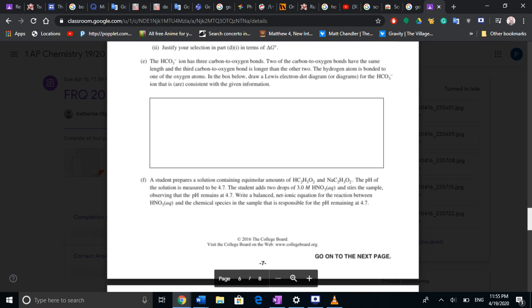Okay, so for part E, the HCO3 ion has 3 carbon to oxygen bonds. 2 of them are the same bond length, and the third one is longer than the other 2. So we need to draw Lewis dot diagrams for the HCO3 that are consistent with the given information.